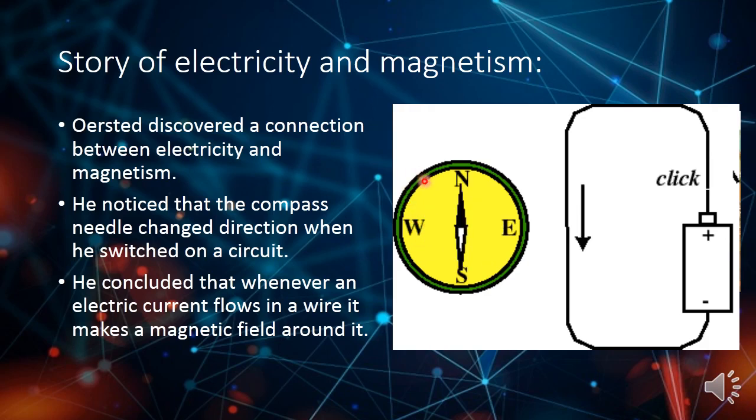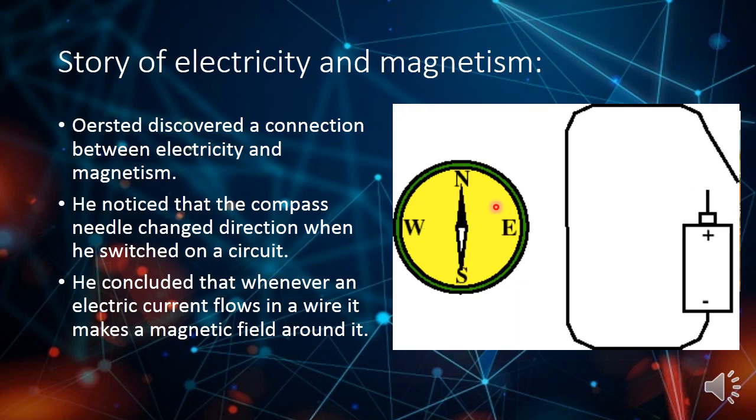It always points to the north and south. What will happen when we close this electric circuit and the current flows in the wire? The wire itself will make a magnetic field around it. How can I know that? Because the compass changed its direction towards the wire.